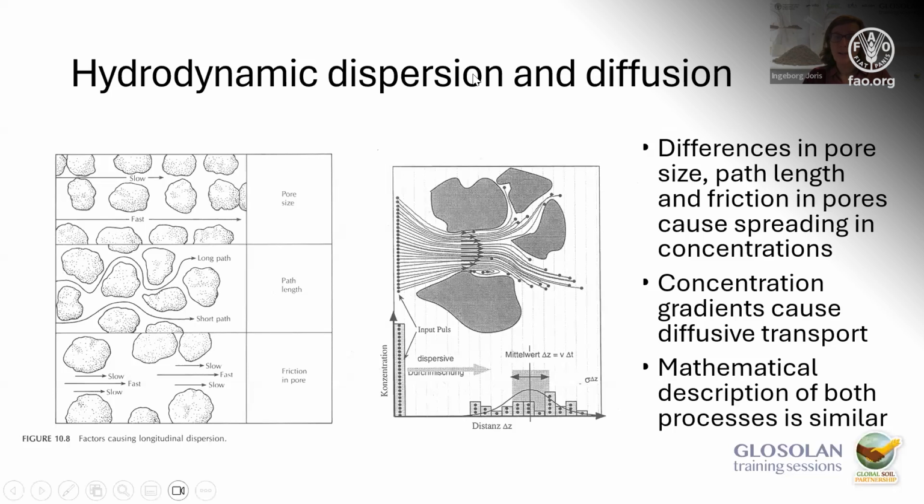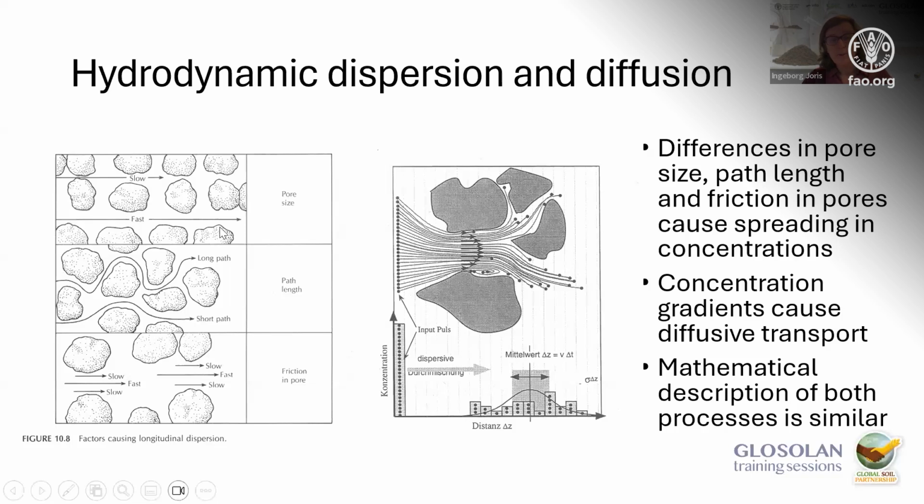The hydrodynamic dispersion is very much related to the pores present in the soil. Because your soil consists of a solid phase with all kinds of pores in between, your solutes will move at different speeds.